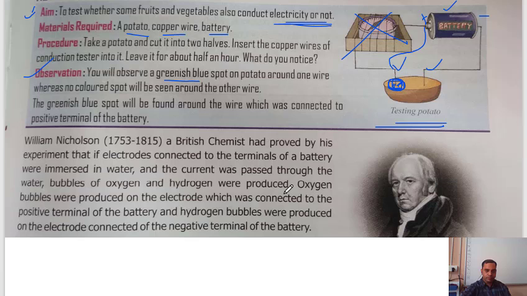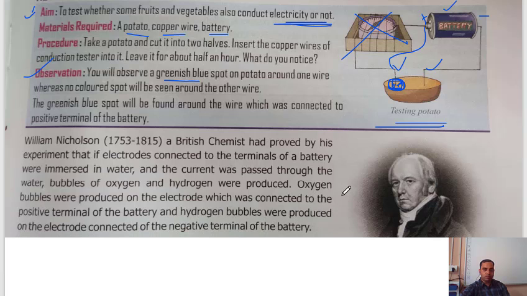So the first activity that we did, that if electric current passes through water, it produces hydrogen and oxygen gases. Oxygen bubbles were produced on the electrode connected to the positive terminal of the battery. Hydrogen bubbles were produced on the electrode connected to the negative terminal of the battery.